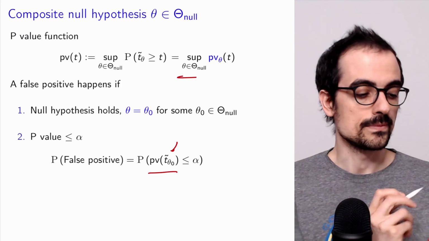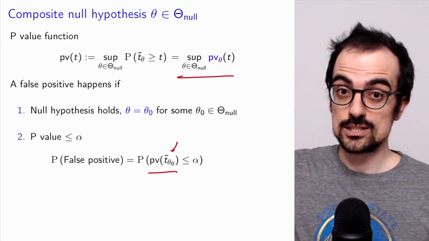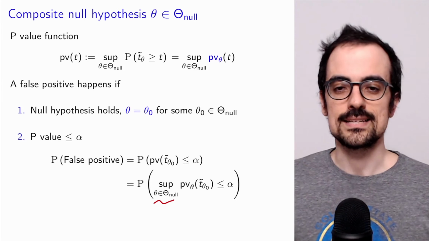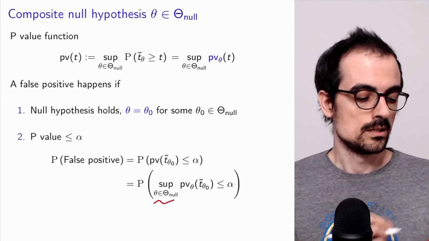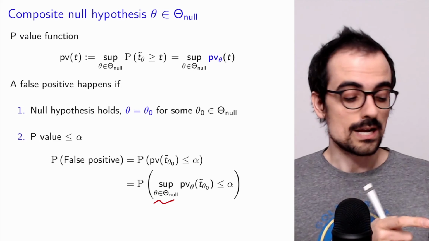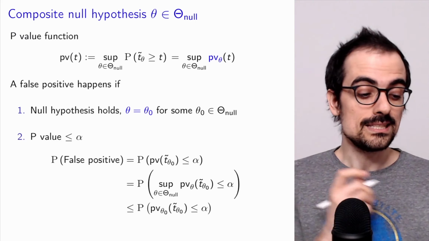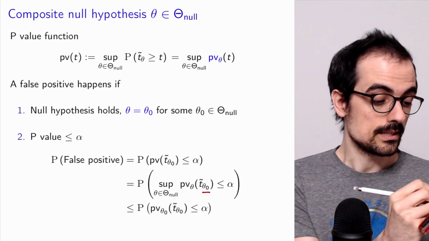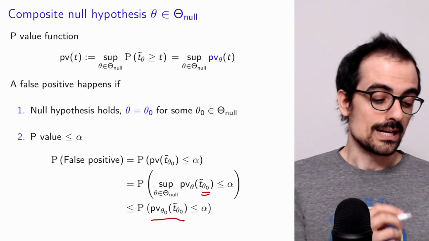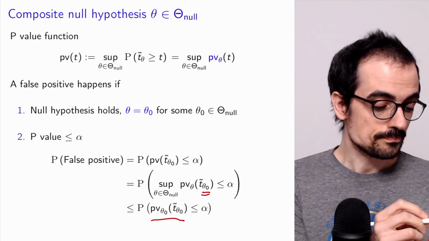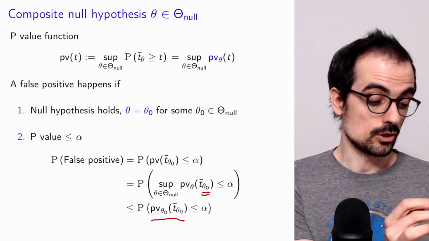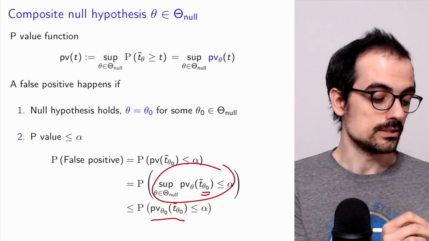We have defined the p-value function for this composite hypothesis as the supremum over all the thetas in this set. The probability that the supremum is smaller or equal to alpha is smaller or equal to the probability that for that specific theta 0, the p-value is smaller or equal to alpha. You can see this easily because if the first happens, then the second happens for sure, but the converse is not true. So this event is contained within this event.